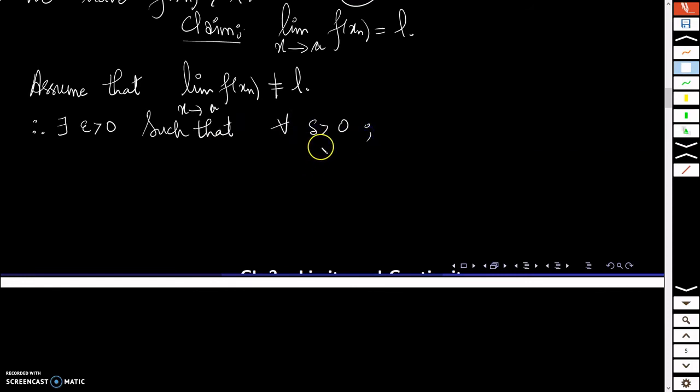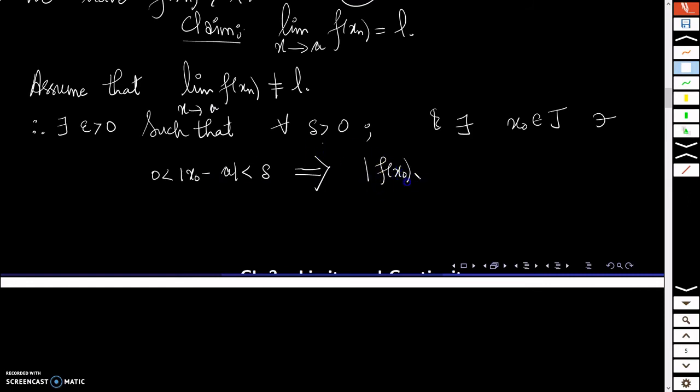no matter what delta positive you take, there exist points in J. There exist points x naught in J such that whenever mod x naught minus a is less than this delta, this will imply mod f of x naught minus L is not less than epsilon.